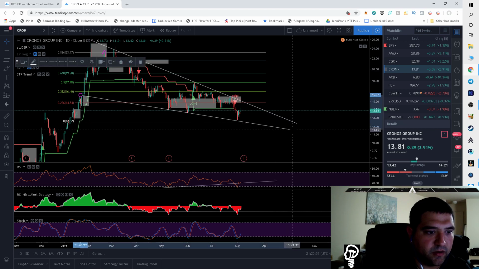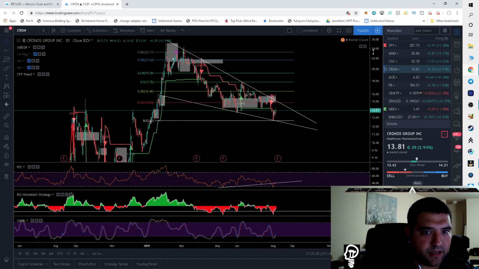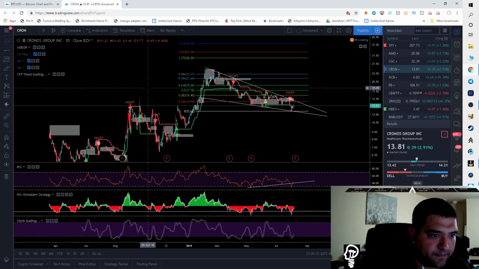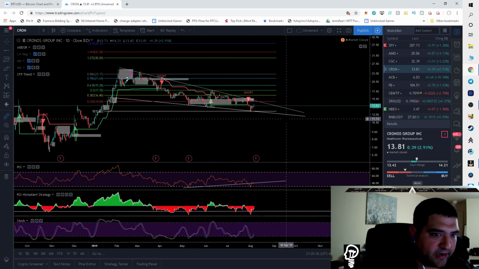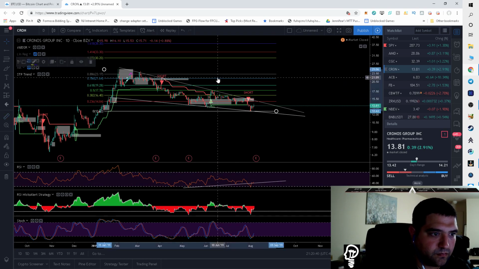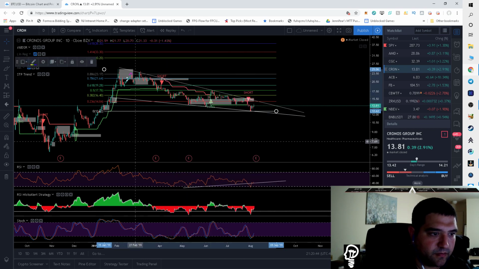But it looks like we're getting close to the apex of this down sloping consolidation that we have been in since February. Okay. And if I had targets for this, if this was actually the bottom of this trend line, make sure that this is for fibs. Yep. Okay.